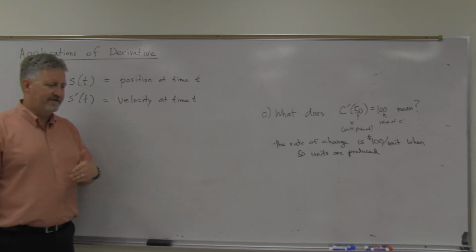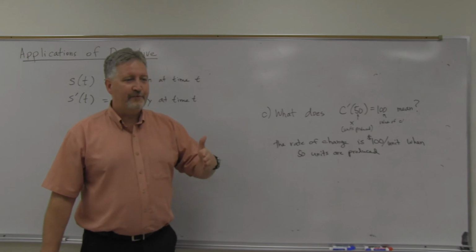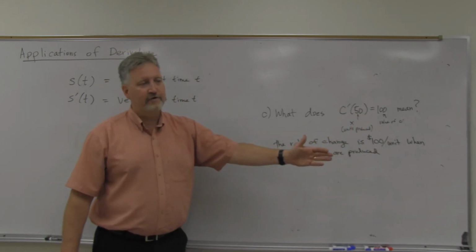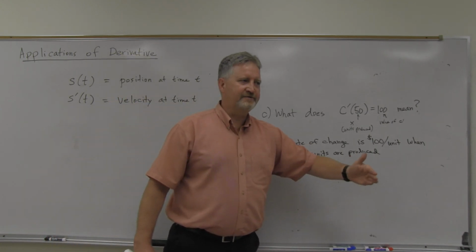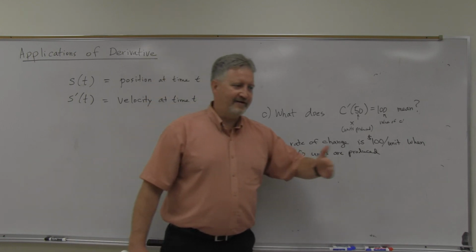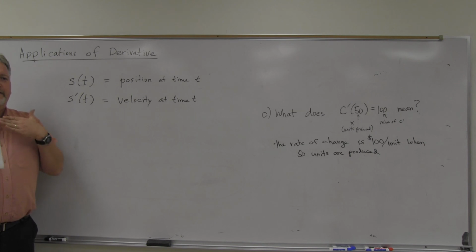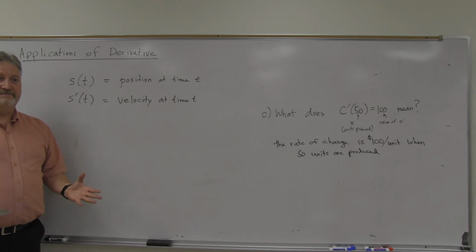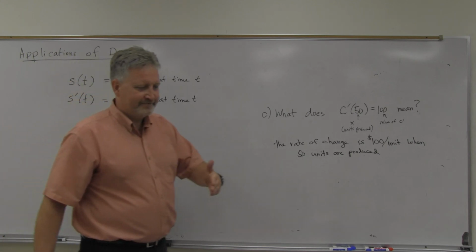Well, the velocity is the rate of change of position. What happens if I change my velocity? I've accelerated, haven't I? Or if I'm going along and I start going slower, I decelerate. But what I'm getting at here is that the rate of change of my velocity is acceleration, isn't it?